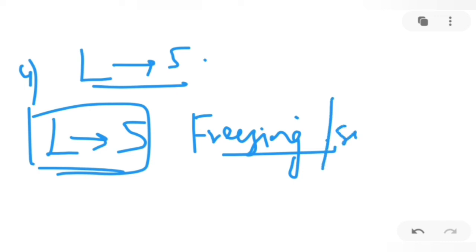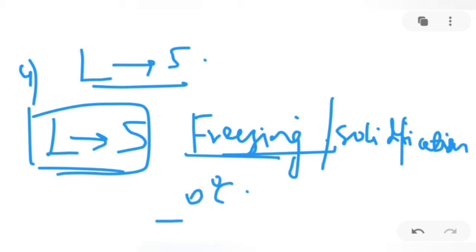You can also call it solidification. Why? Because the solid is being formed. Freezing point of water: what is the freezing point of water? It is 0 degrees Celsius. Here also the state is being changed from liquid to solid.